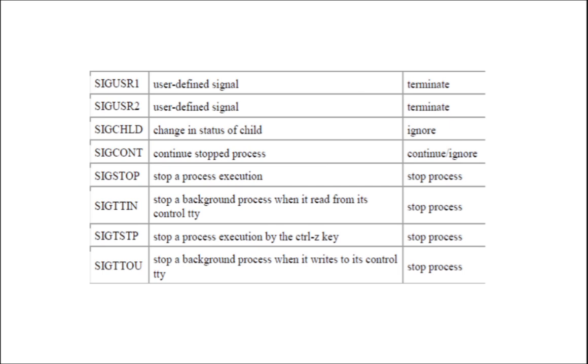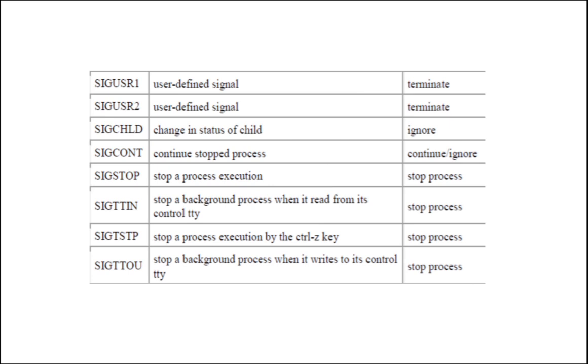Next, SIGTSTP, stop a process execution by the Ctrl+Z key. If you press the Ctrl+Z key, process execution will be stopped. When you press Ctrl+Z, SIGTSTP will be generated. The default action is stop the process.